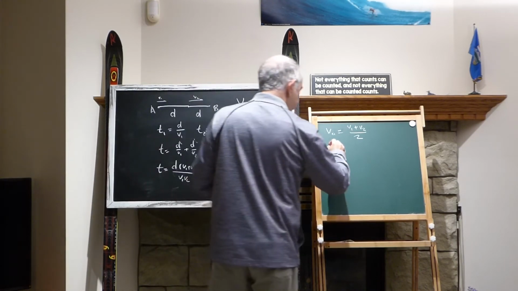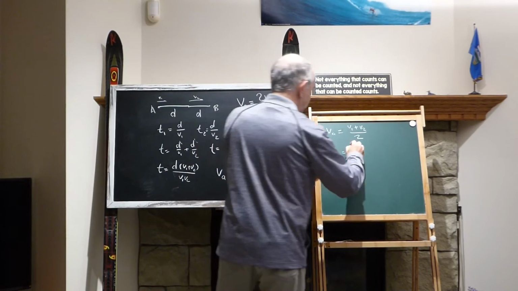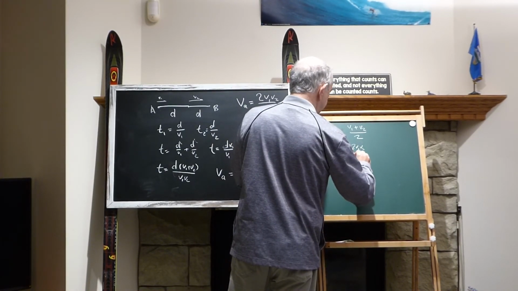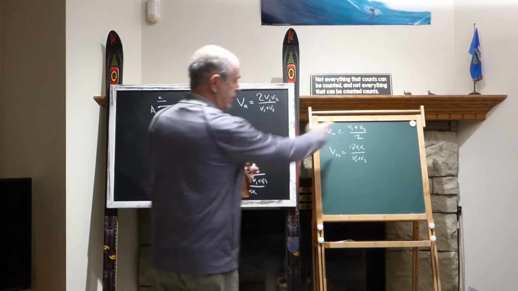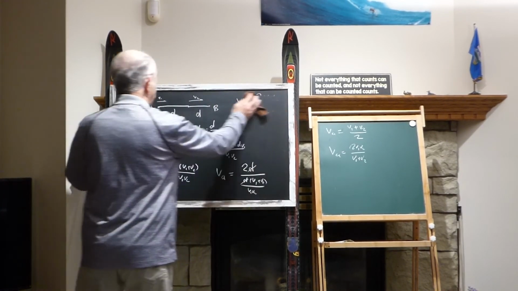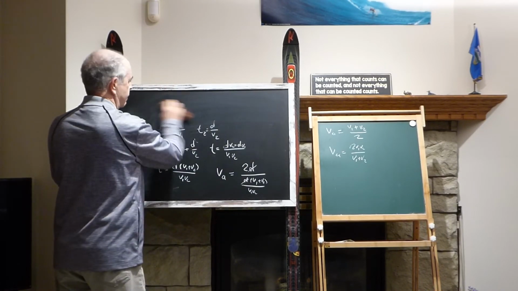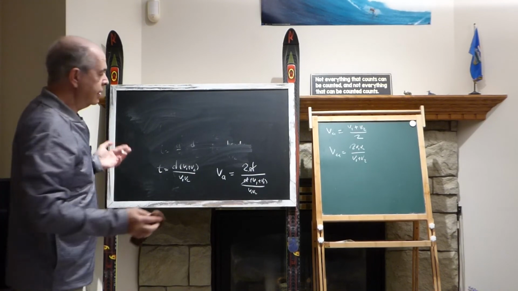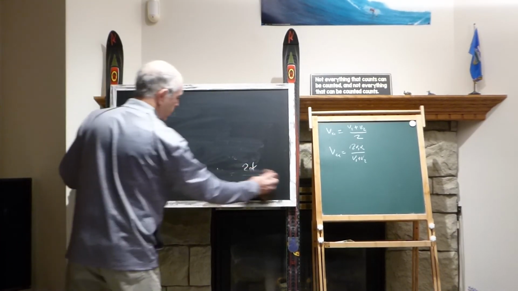So v average in this case equals 2 v1 v2 divided by v1 plus v2. And that's very different from that. So no intuition, no comparison with the average between two numbers. It's a completely different situation and a completely different average.